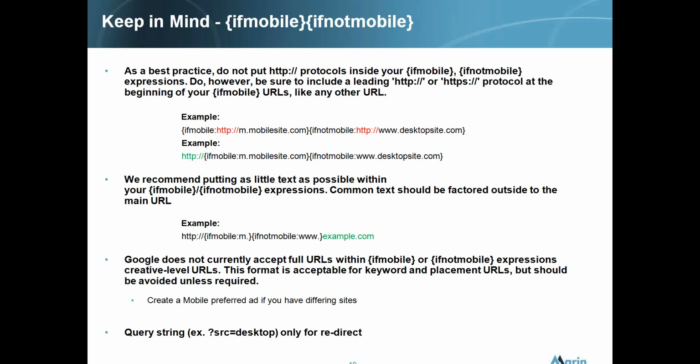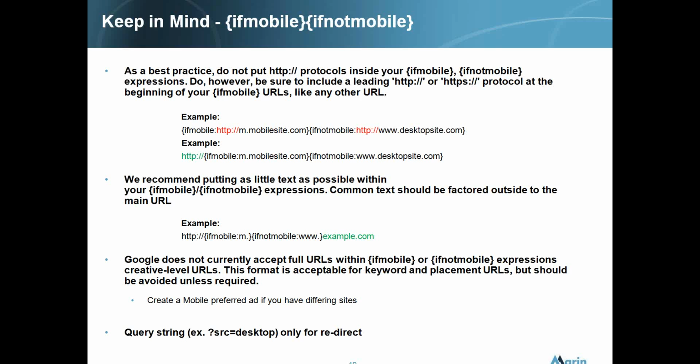So common text should be outside of the squiggly brackets. Again, it's fine, it works to put, say, m.mobilesite.com in one subset of the parameter and then the www.desktopsite.com in another. That does work.